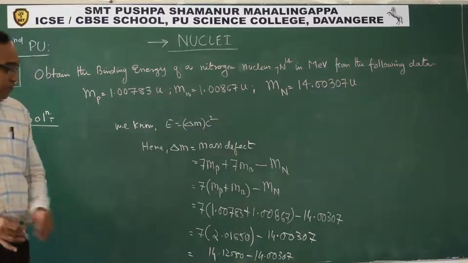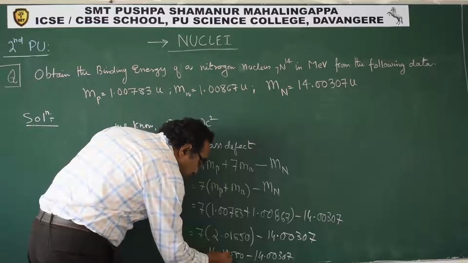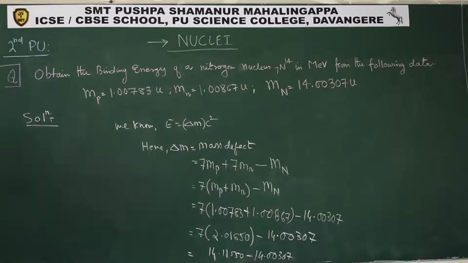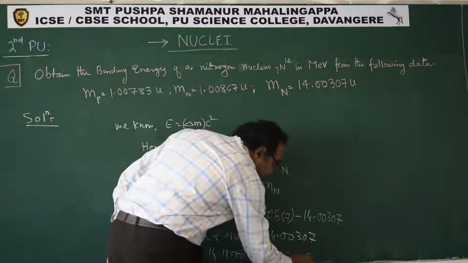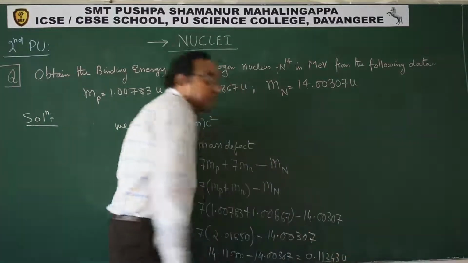It will be in AMU. This will not be in grams or kg. This will be in AMU. And how much will that be? That will be somewhere around 14.11550 minus 14.00307. This will give us 0.11243 AMU. This is very important.